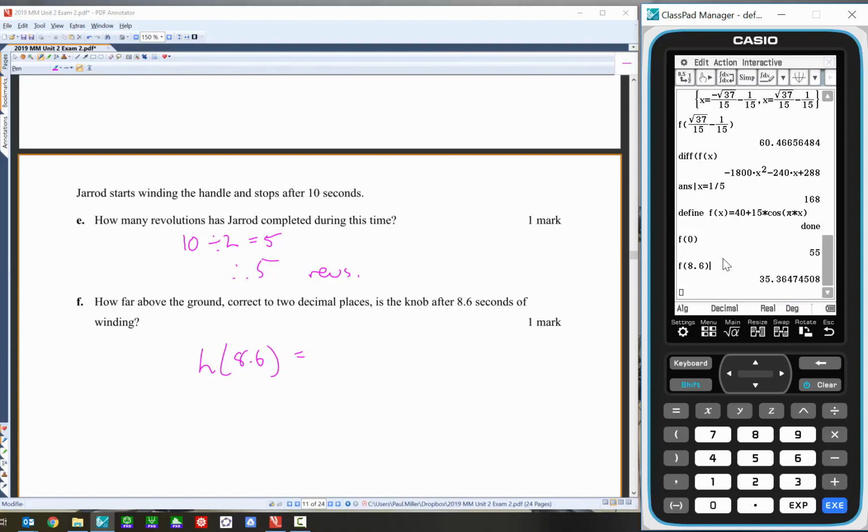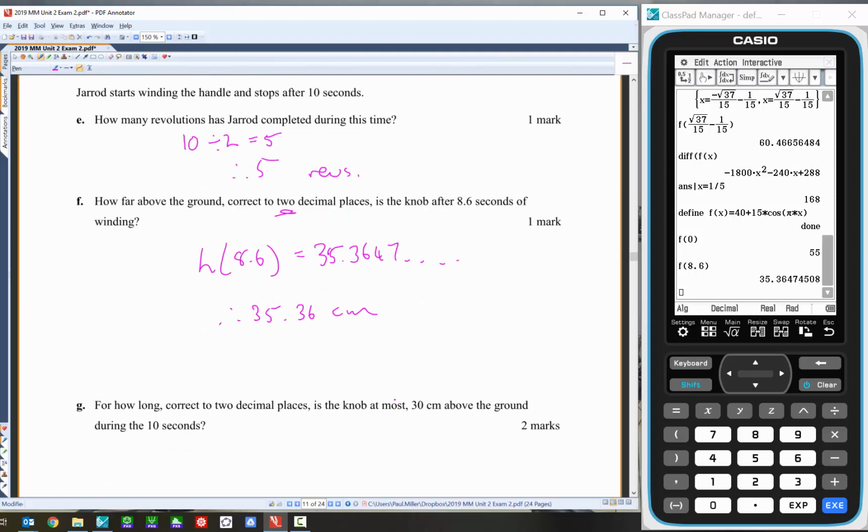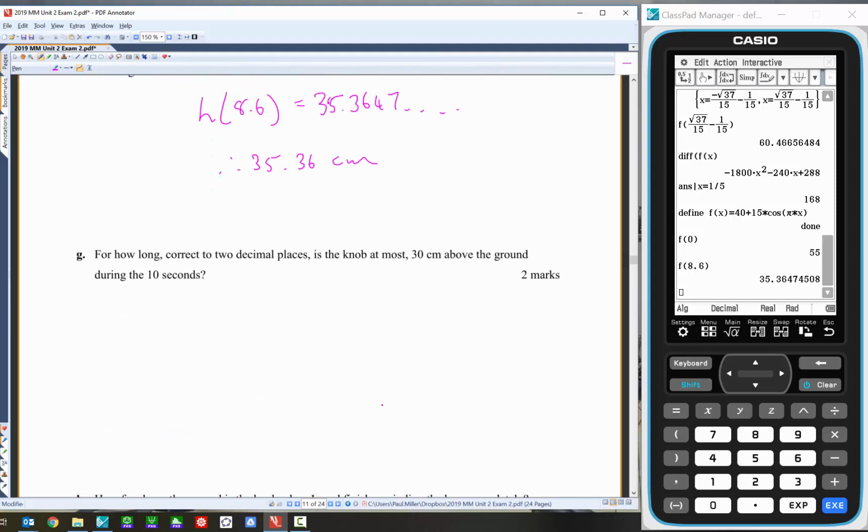Only by the grace of God did I quickly notice I'm in degrees mode, because that's a perfectly reasonable answer. So let's switch to radians, and it's going to be 35.3647. To 2 decimal places, 35.36 cm. Nearly came unstuck by that one.